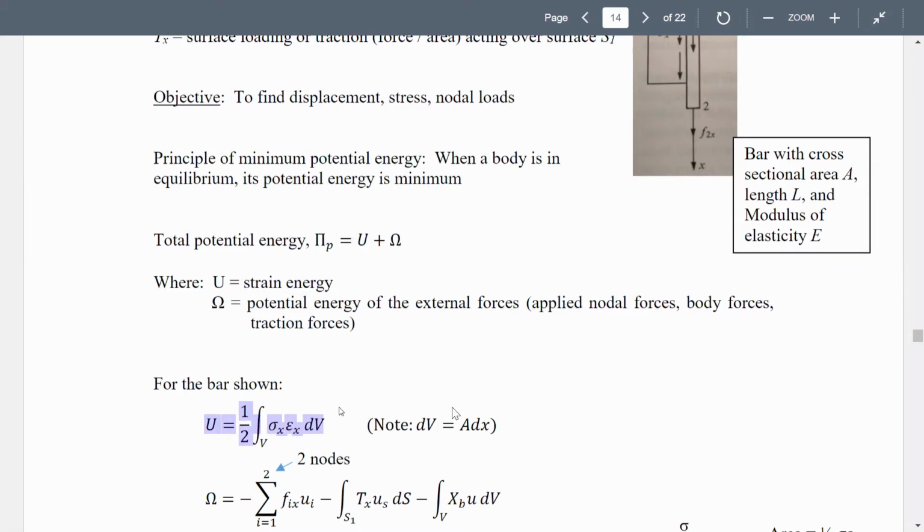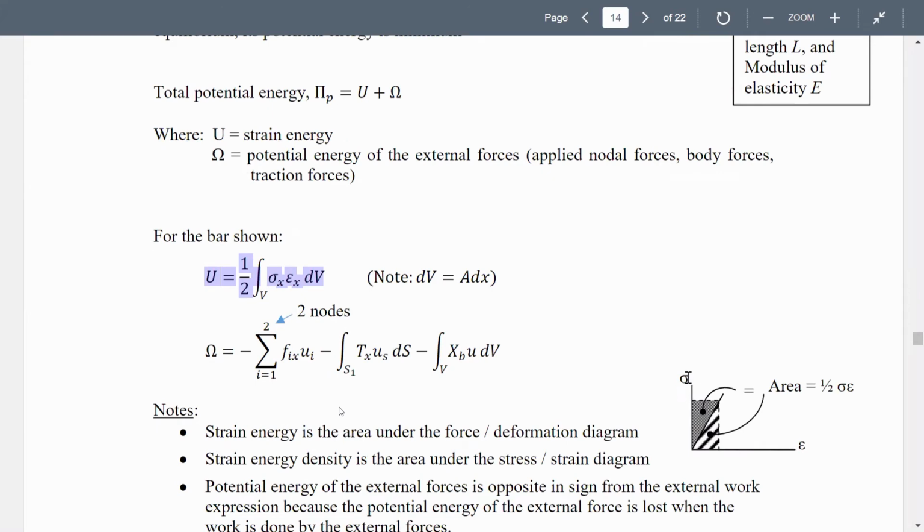This is actually the area under the stress-strain diagram. If you plot the stress-strain diagram, this is the straight portion. This area is half of this base times this height. So half of sigma times epsilon. But it is per unit volume, so multiplied by dV, integrated over the volume. That is U.